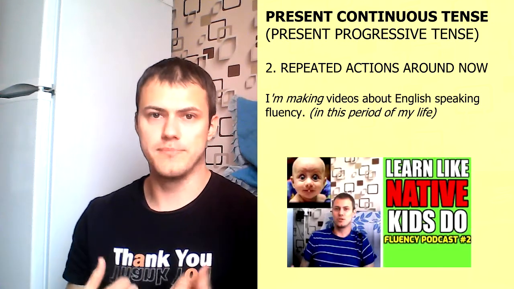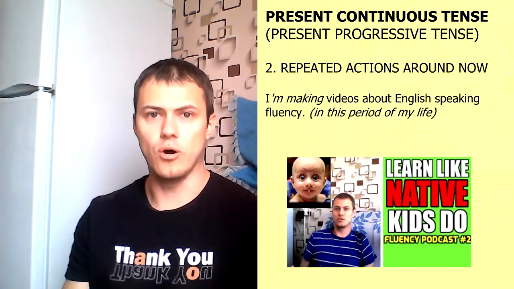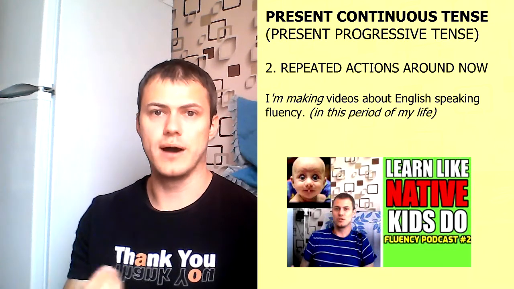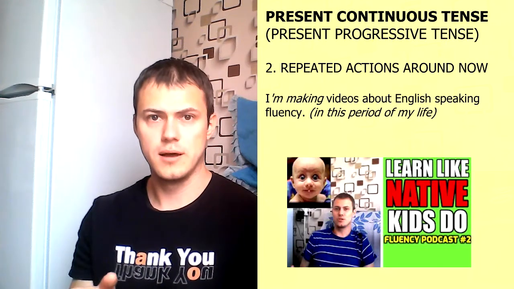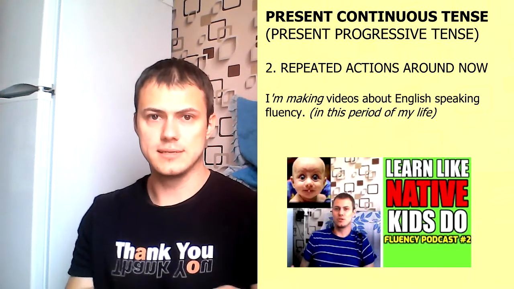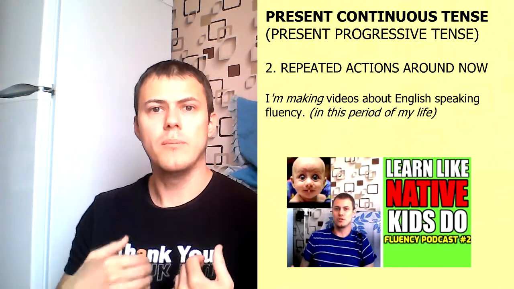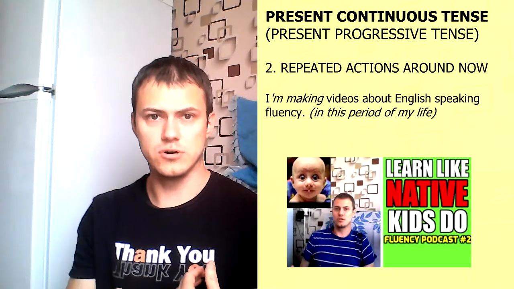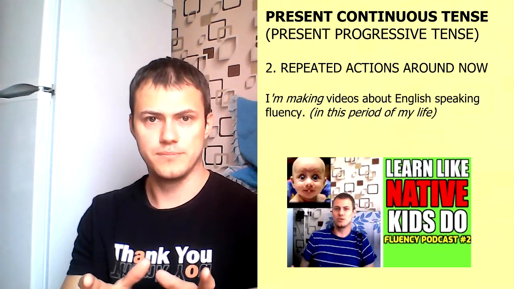I'm not making a video like this right now. Right now, I'm recording my video about an English grammar point. But nowadays, recently, around now, I'm making videos about English fluency.